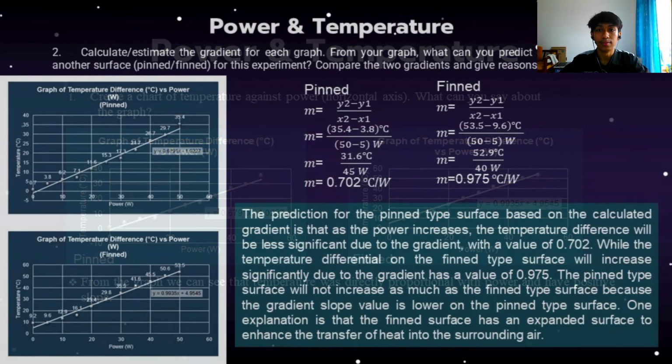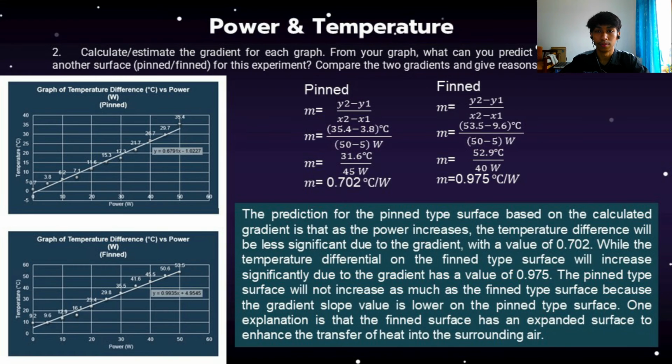So from the gradient, we can predict that for pin surface, as the power increases, the temperature difference will increase with less significant value due to the gradient from the graph, which is 0.702, while the temperature difference on the fin type surface will increase slightly due to the gradient value, which is 0.975. So this is because fin surface has an expanded surface to enhance the transfer of heat into the surrounding air.